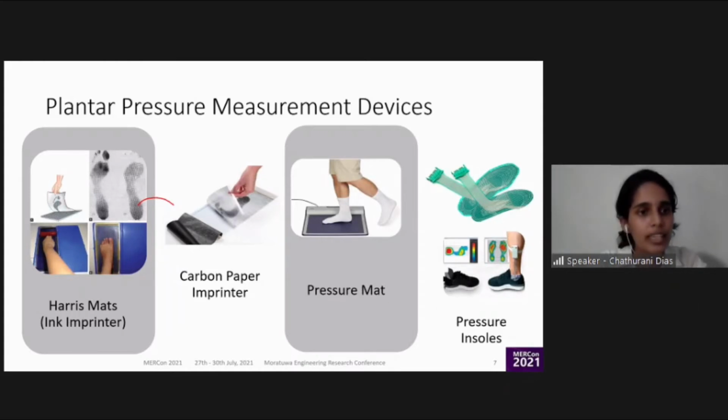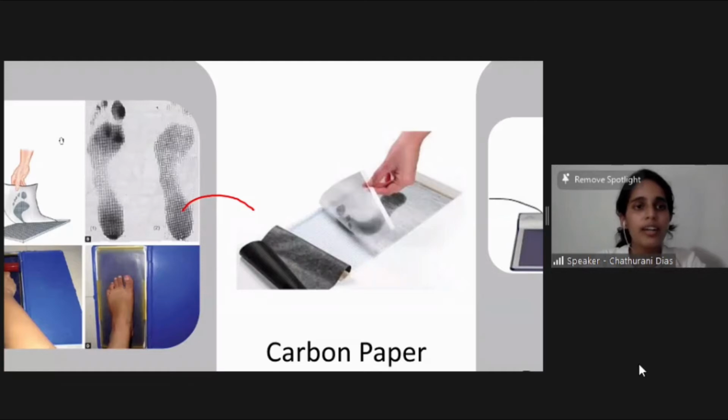So what we have here is actually a rubber grid soaked with ink, and a paper is placed on this rubber grid, and the patient can step on it or else stand on it. And what we get as a result is this grid imprint of the foot.